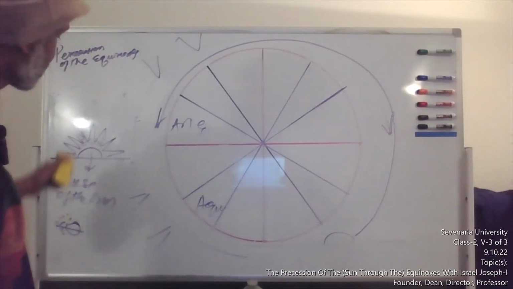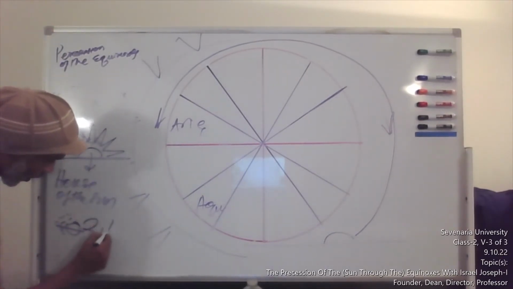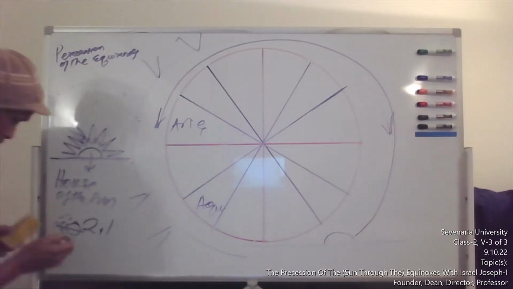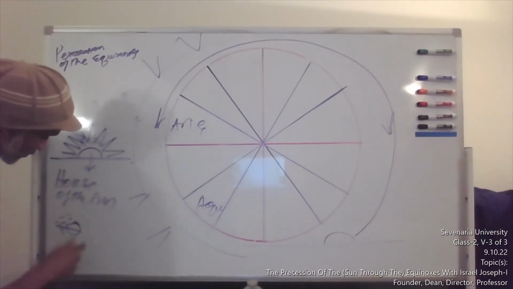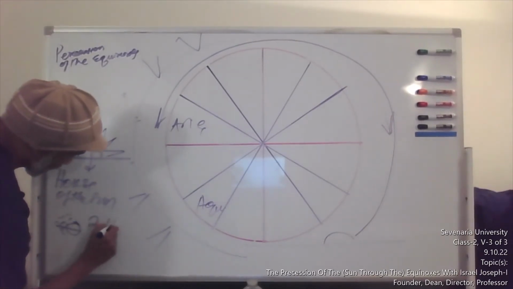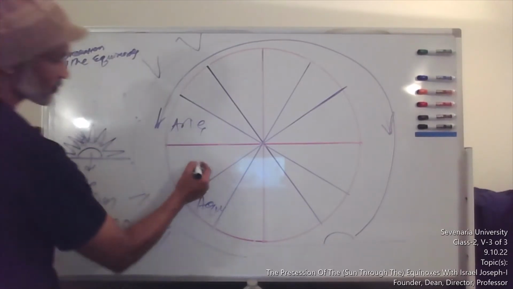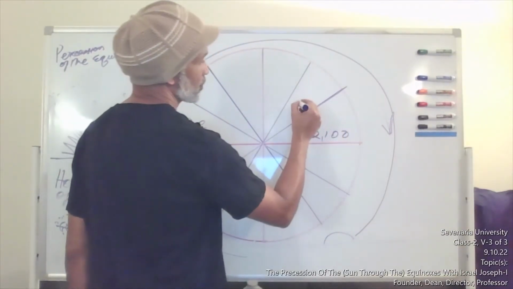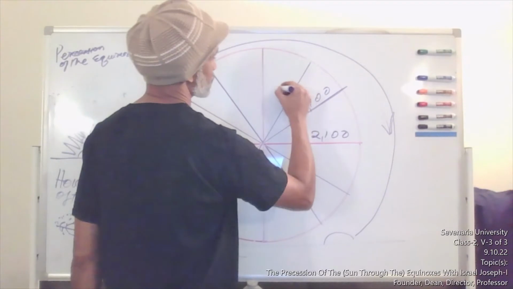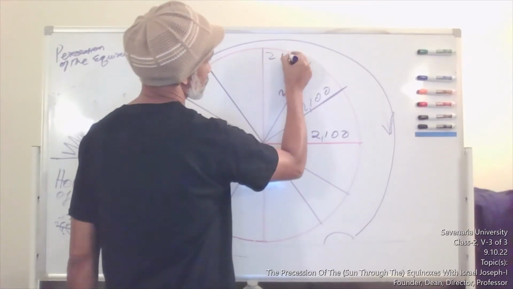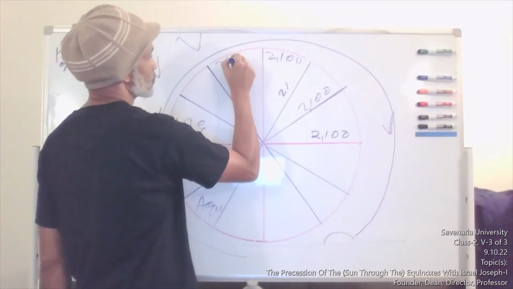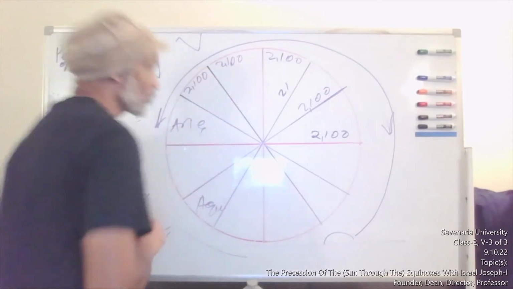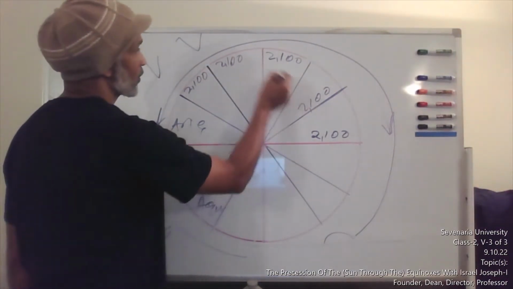The sun blocks constellations for, I'm sorry, he blocks constellations for 2,100 years, each constellation. 2,100 years, on and on.